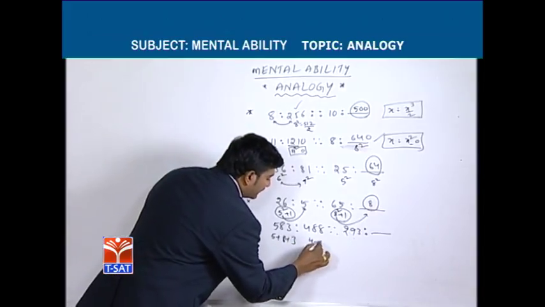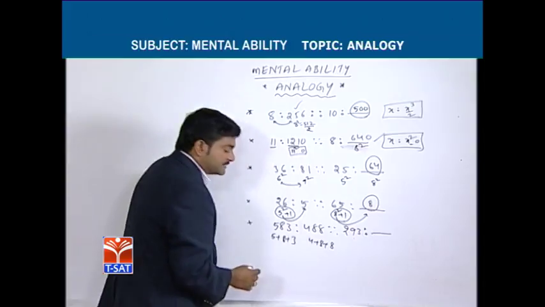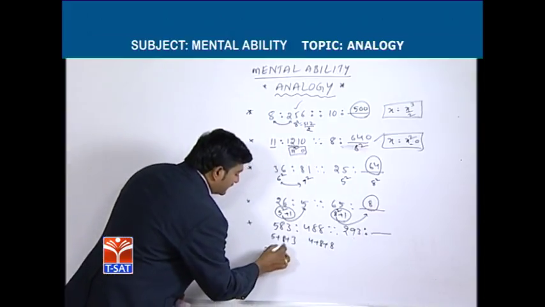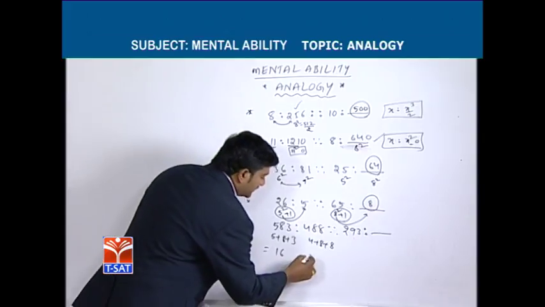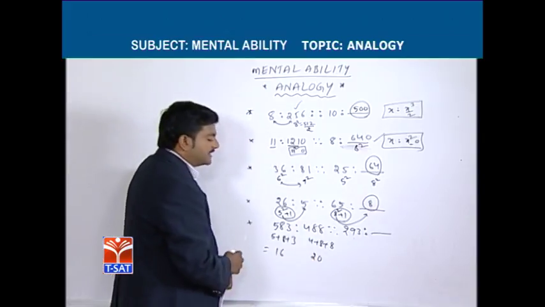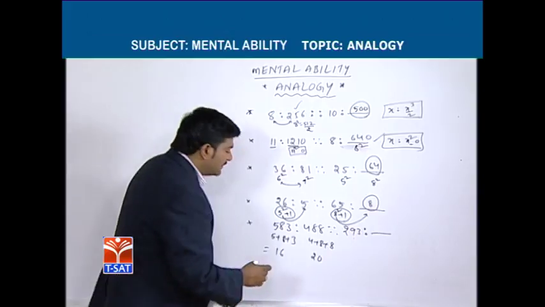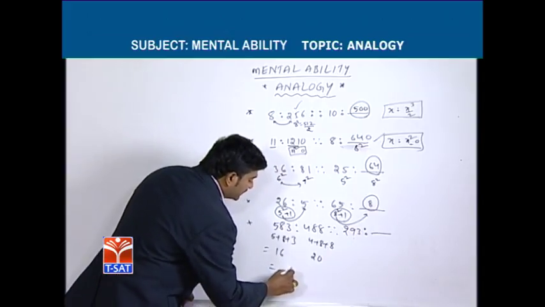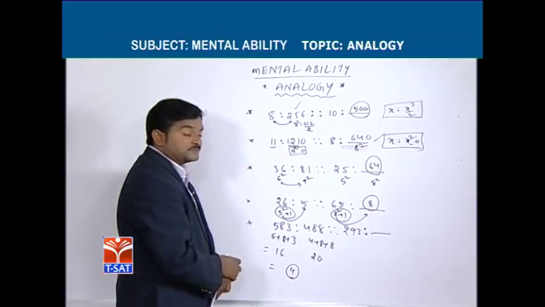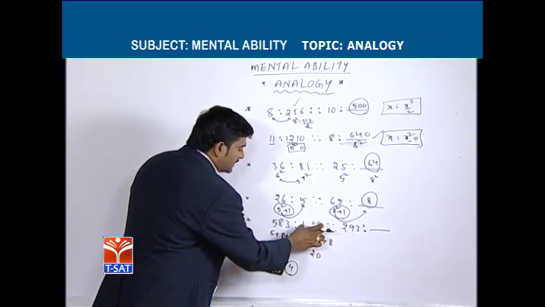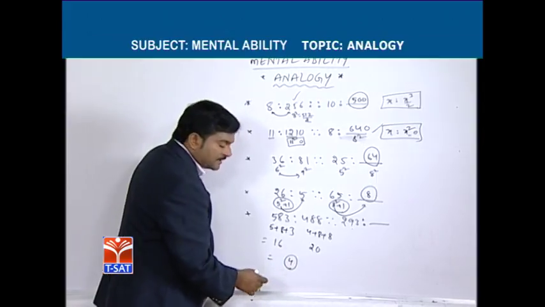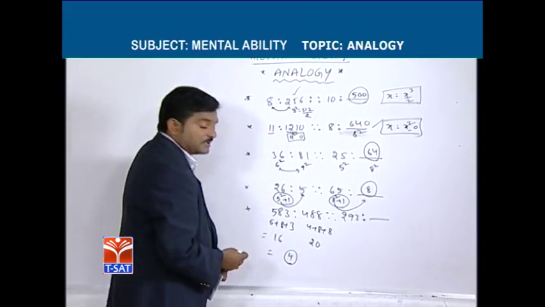Similarly, 4 plus 8 plus 8 gives 20. What is the difference between these two numbers? The difference is equal to 4. Sum of the digits is 16 here, and 20 here. The gap between these two numbers is 4.